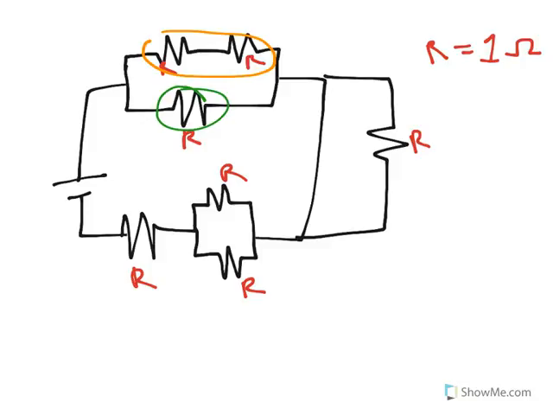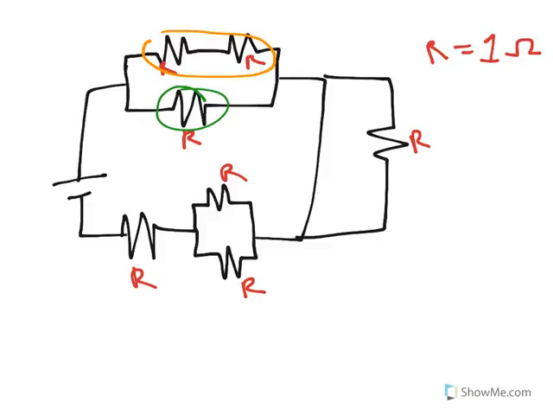So what you want to think about is the green resistor that I've just circled being in parallel with one resistor that has the equivalent resistance for the two that are circled in yellow. You can't think about the green one being in parallel to one of the yellow or to the other one of the yellow because it's not really in parallel to them individually, it's in parallel to their equivalent resistor.